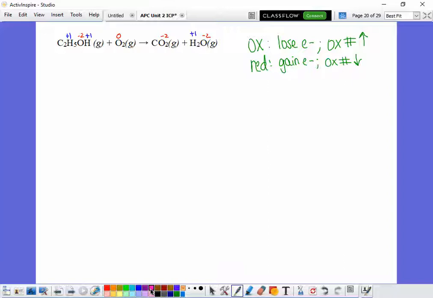And now for my carbons, in CO2, what's the overall charge on CO2? 0, because it's electrically neutral. So in order for that to be 0, and for oxygen to be -2, what does that carbon have to be? +4. Algebra, right?